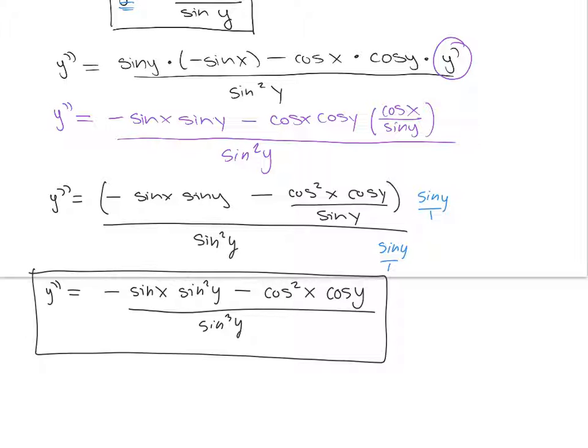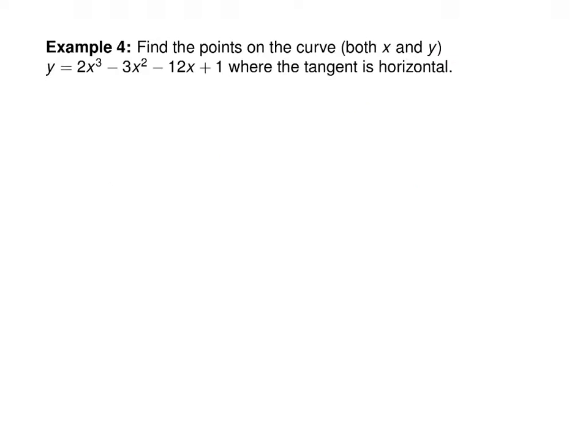Okay. Now on to some applications. Find the points on the curve where the tangent line is horizontal. So what are you looking for in this case? If the tangent line is horizontal, the derivative is equal to 0. So take the derivative, set it equal to 0.